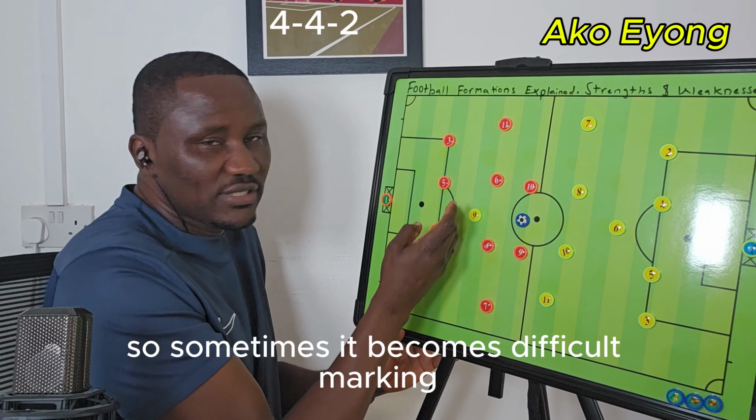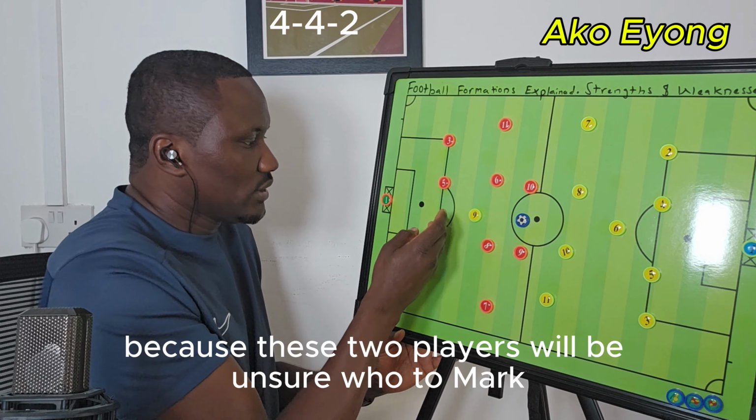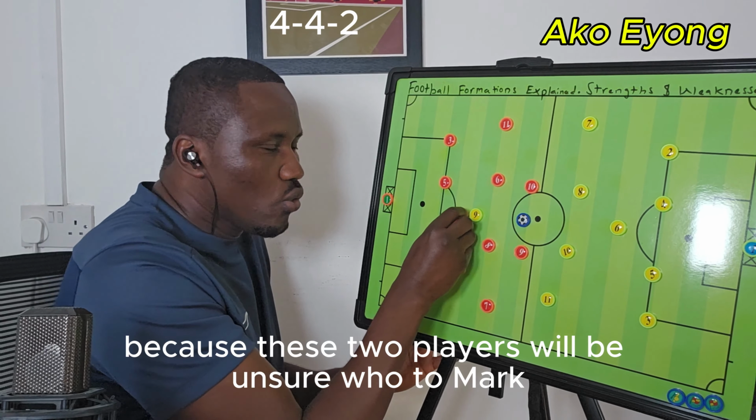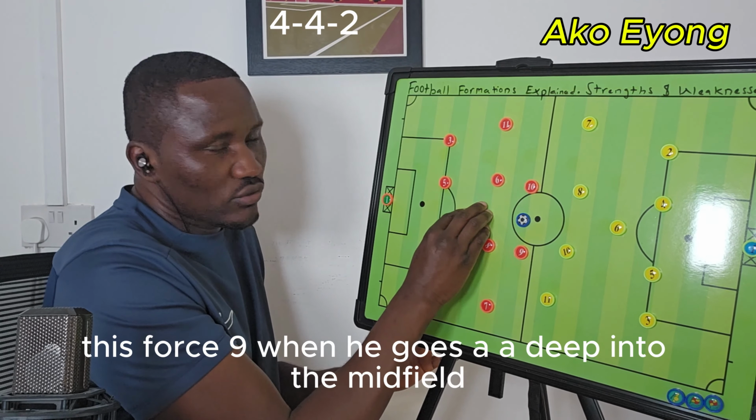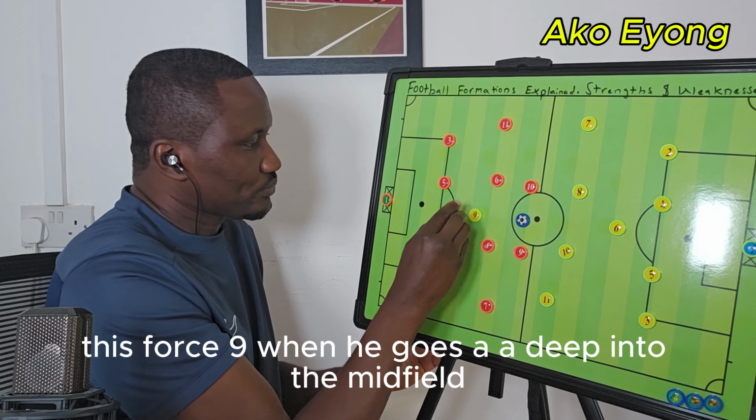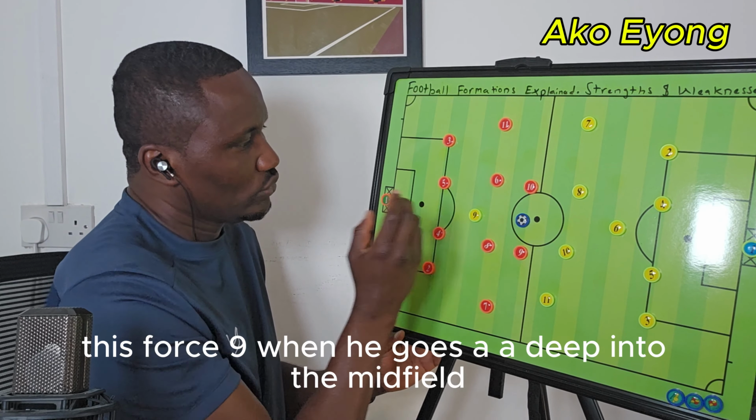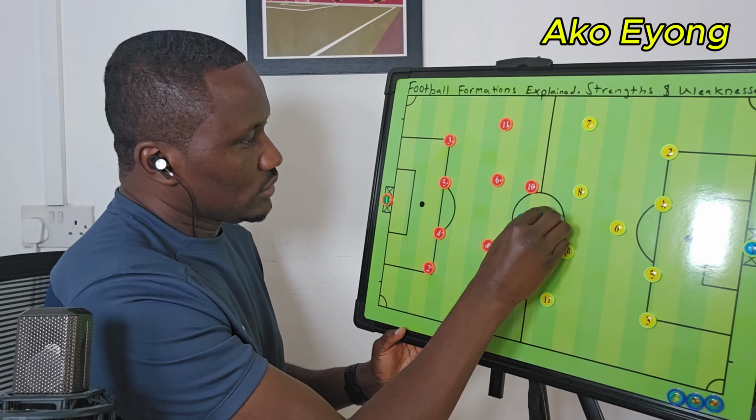Sometimes it becomes difficult marking, because these 2 players will be unsure who to mark this first 9 when he goes deep into the midfield.